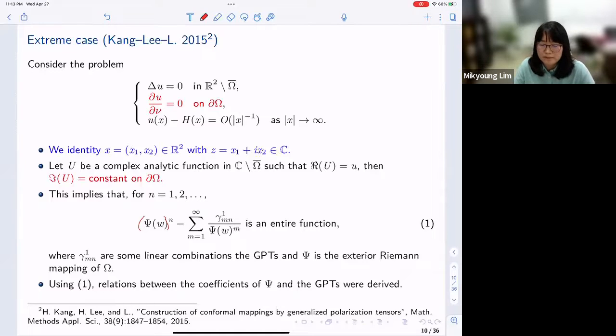So an expression of the conformal mapping coefficients in terms of GPTs is derived. But since the entire function is quite complicated, because it is a summation of functions, the formula obtained here is not simple. I mean, it gives the exact value, but it is still not an easy way to understand how this expression gives the coefficients of psi.